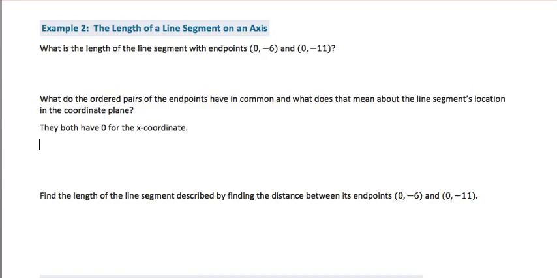And that, of course, means that they are both on the y-axis.